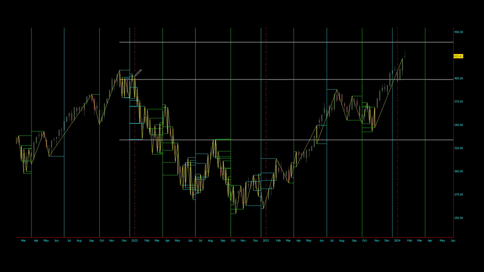So here you see the trend lines coming from here. In a professional setting, we don't do trend lines like these, because we have a control.